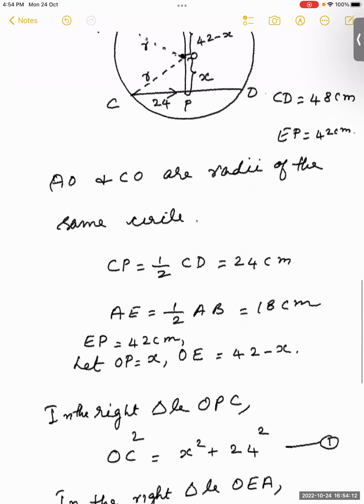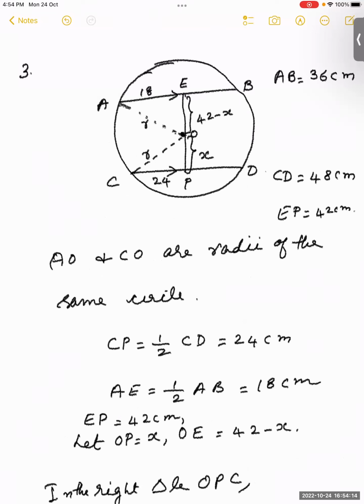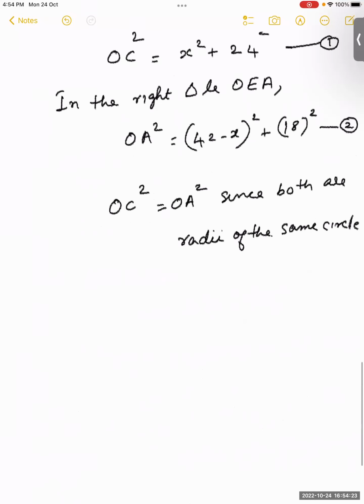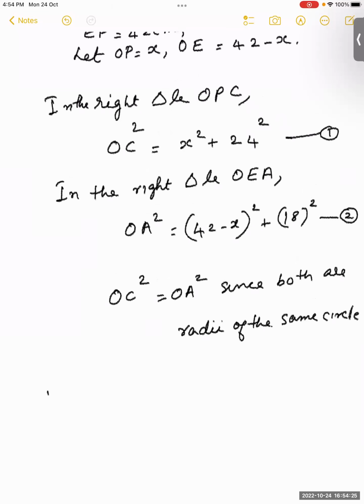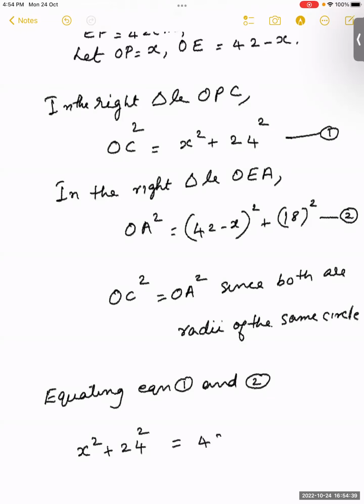OC and OA, are they radii of the same circle? Yes, ma'am. So I'm equating equation 1 and 2. So what will I write? X square plus 24 square equal to 42 minus x the whole square plus 18 square.